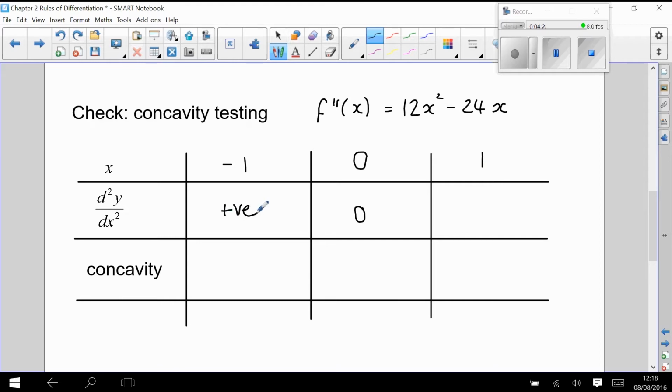Now when I put x as 1 into the second derivative, I get a negative answer. In other words, I'm going to find that my graph is going to be concave up, and then it inflects when x is 0, and then it's going to be concave down.